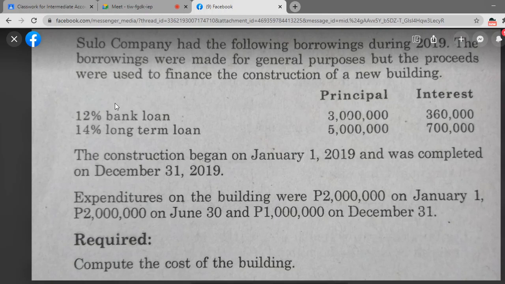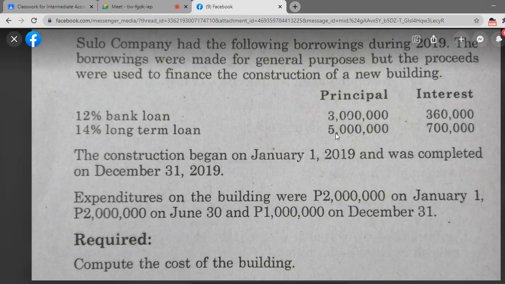But if you could notice na atay duha ka loan, we have 12% bank loan and then 14% long-term loan. And in fact, lahi-lahi pa gyud sila og principal. So, we're going to compute how much of this interest will be considered as part of the borrowing cost.